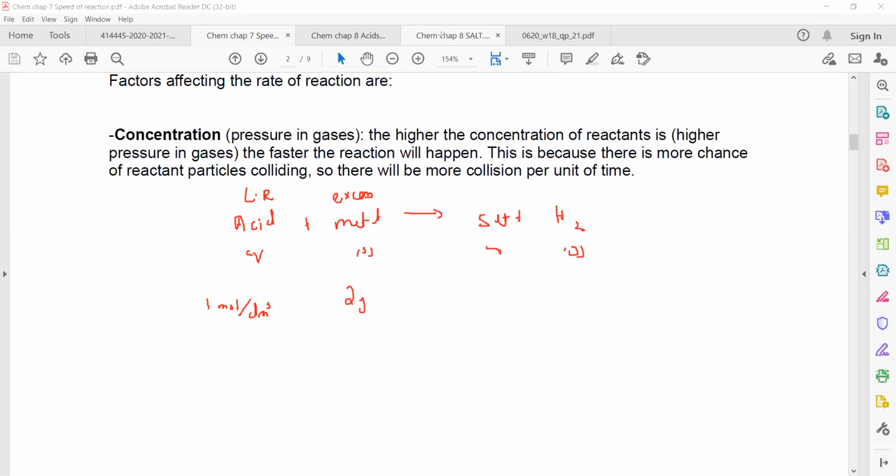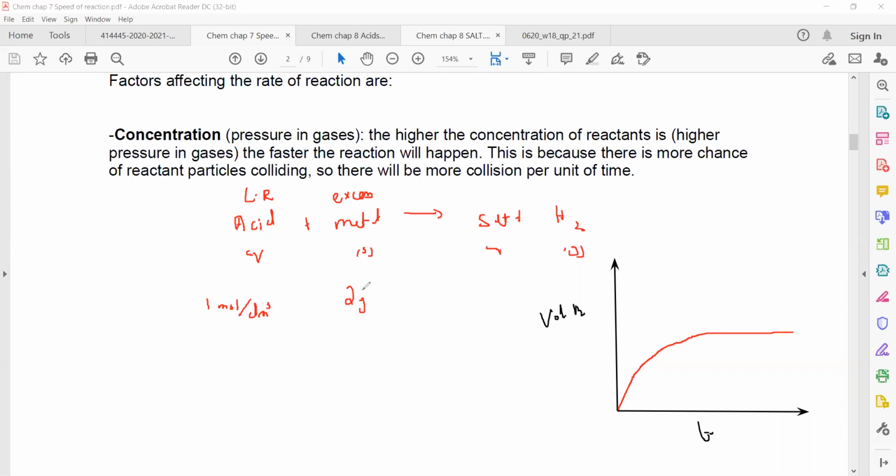And we plot a graph of volume of hydrogen gas against time. In the beginning it is 0. A steeper slope means the fastest rate, and as the number of particles decreases, the rate decreases. Eventually the rate is 0, which means the reaction stops.